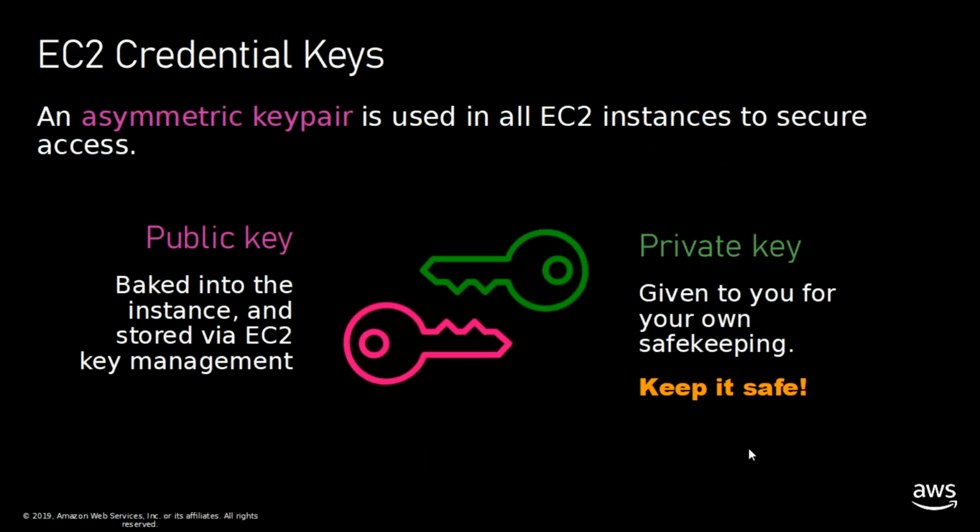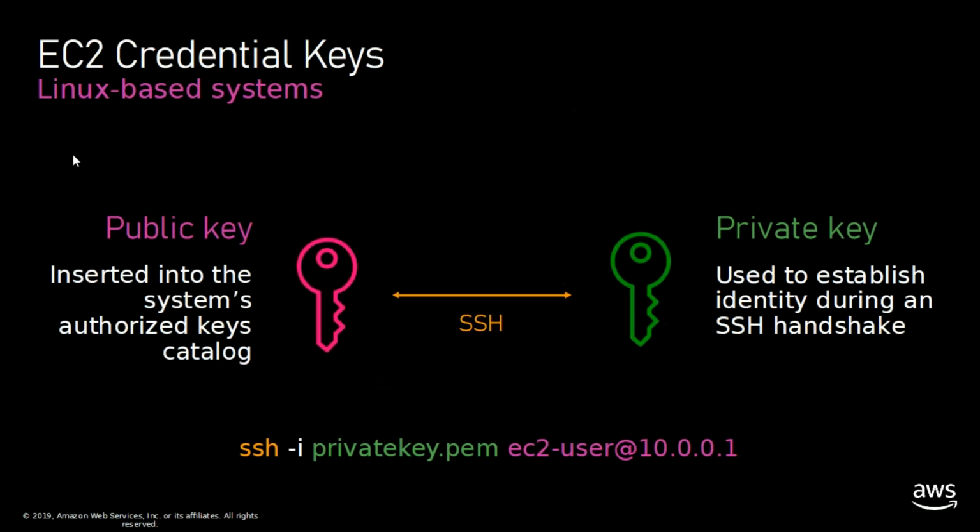Next, EC2 credential keys. We have a private key and a public key. The private key is given to us for safekeeping, and the public key is stored in EC2 key management. We use the private key to log into the EC2 instance using this command for Linux: ssh -i privatekey.pem, and the EC2 instance we'll be connecting to.